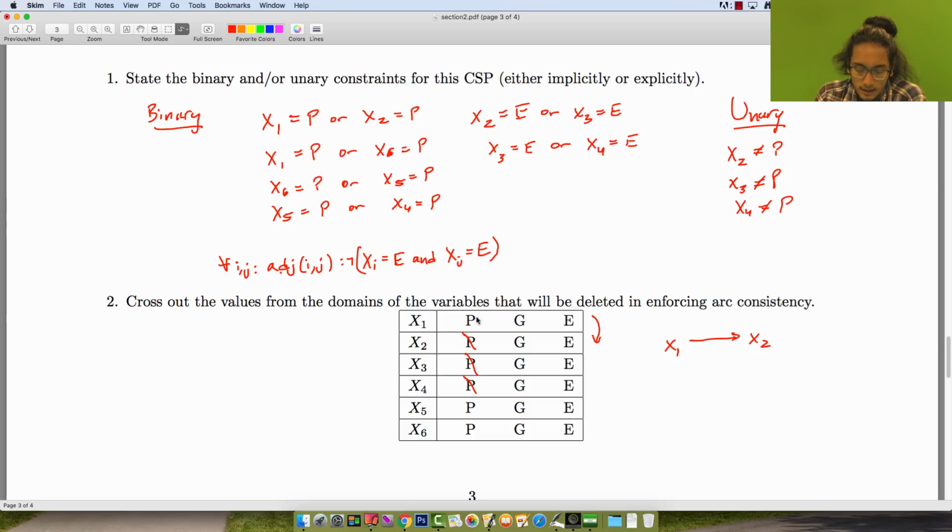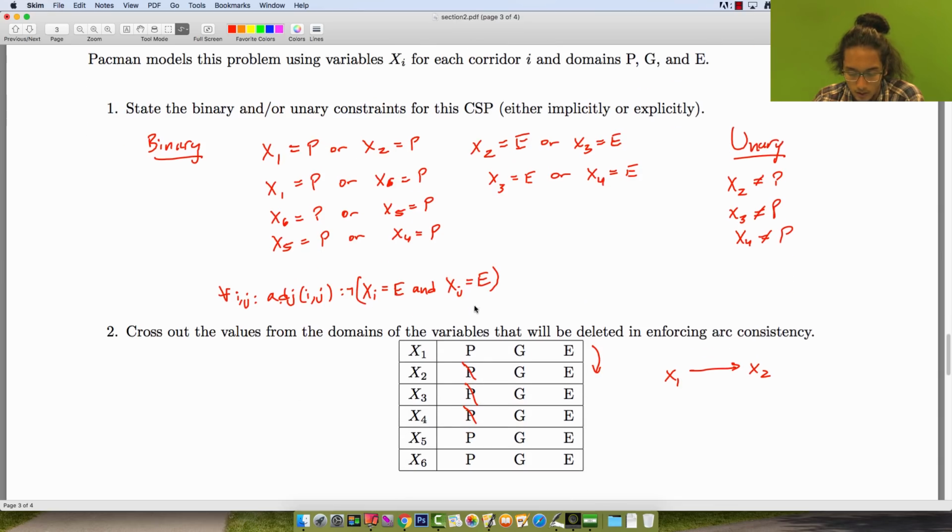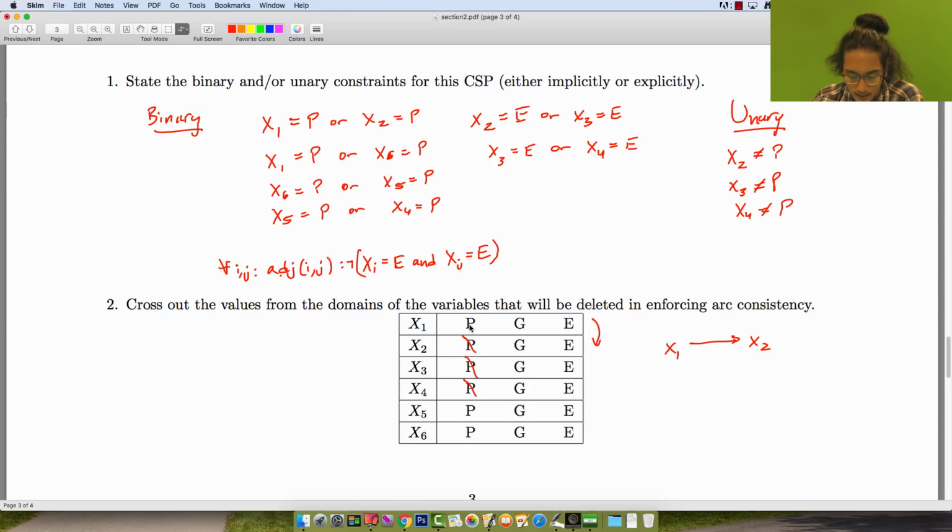So if I assigned p to x1, is it the case that there is some value in x2's domain which satisfies all the constraints, right? And in this case, the answer is yes. We can go up to our constraints over here, and we notice that yes, in fact, if we assign p to x1, that satisfies this constraint over here, which is the constraint that at least one of x1 or x2 must be p, right?